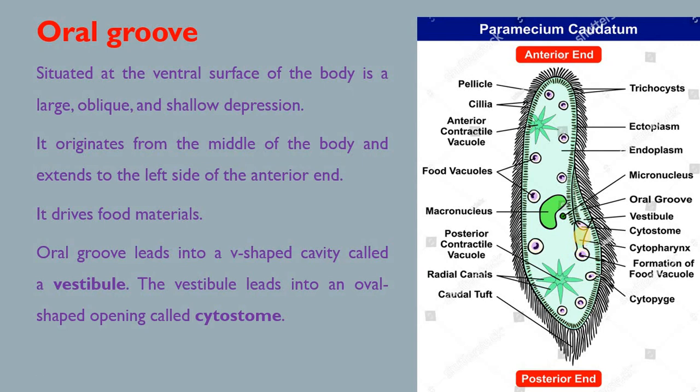The cytopharynx turns sharply towards the center of the body into the wide tapering esophagus, and the esophagus turns again towards the center of the animal to lead into the forming food vacuole. Here you can see the formation of the food vacuole. One interesting thing is that due to the oblique position of the oral groove, the organism has lost its symmetry.